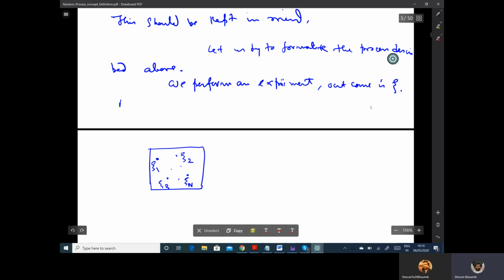So a random variable is a number x(zeta) which assigns a number to every outcome of the experiment.